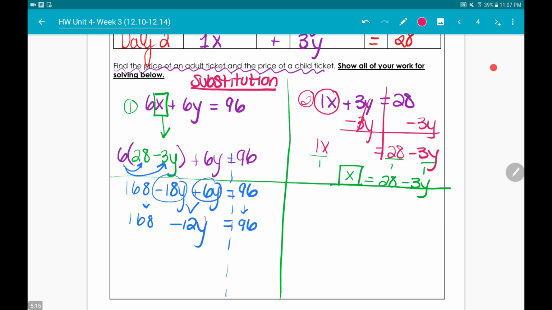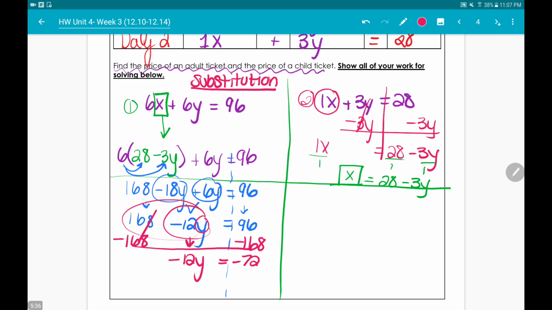Okay, I'm going to use my onion method. And I start by moving what's on the outside. Cancels. Bring down. Calculator. And last step, I divide. Let me get y equals 6.